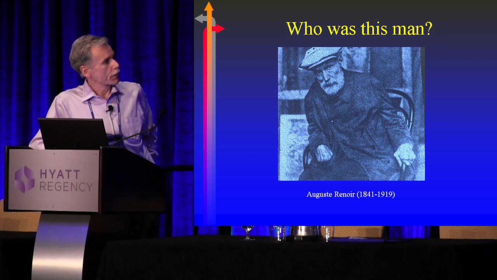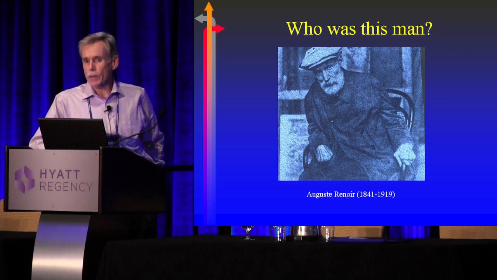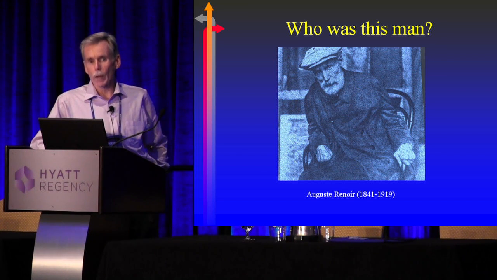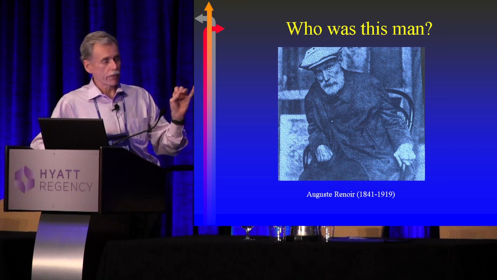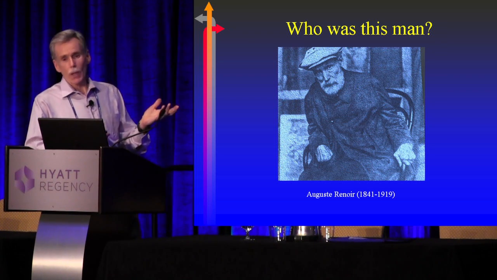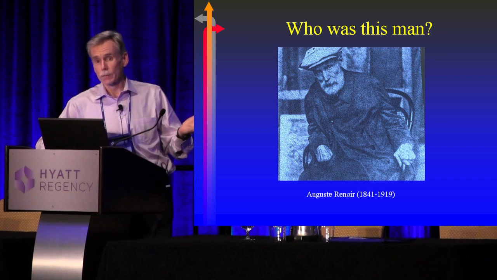Now, I'm bringing this up because this is the type of rheumatoid arthritis which we don't see anymore. And it's gone away as a result of therapy directed at specific targets within the immune system. When I started out as a rheumatologist about 30 years ago, we still saw patients like Auguste Renoir.